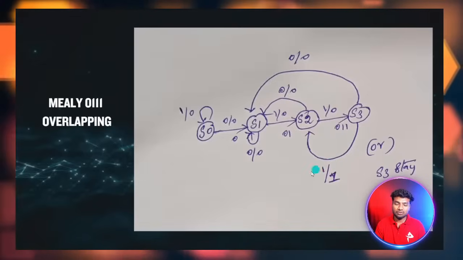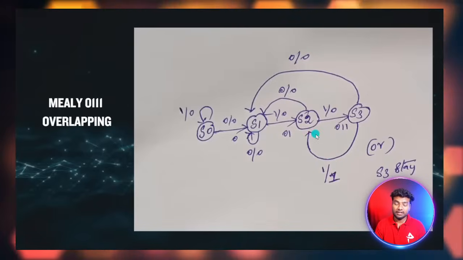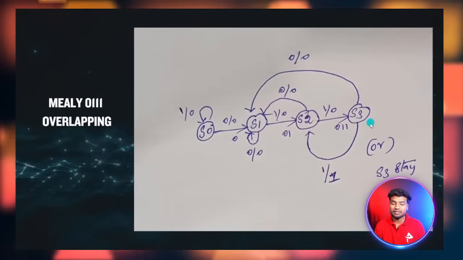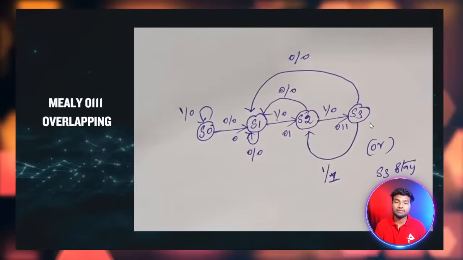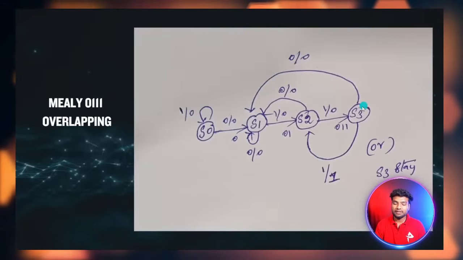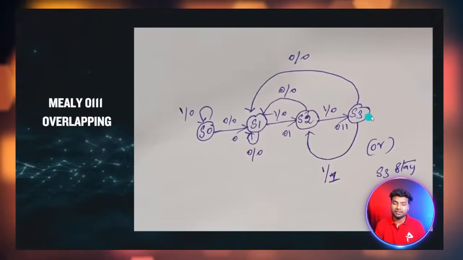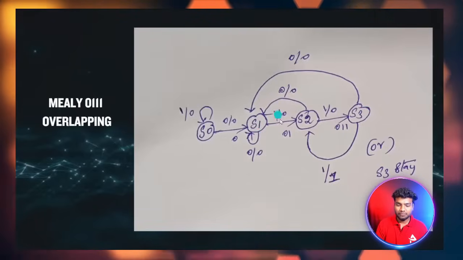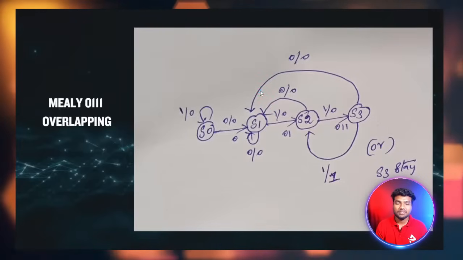It can move into the S1 state, the S2 state, or stay in the S3 state to make the FSM overlapping. If the input is 0 in the S3 state, it moves into the S1 state. This is how basic sequence detection works.